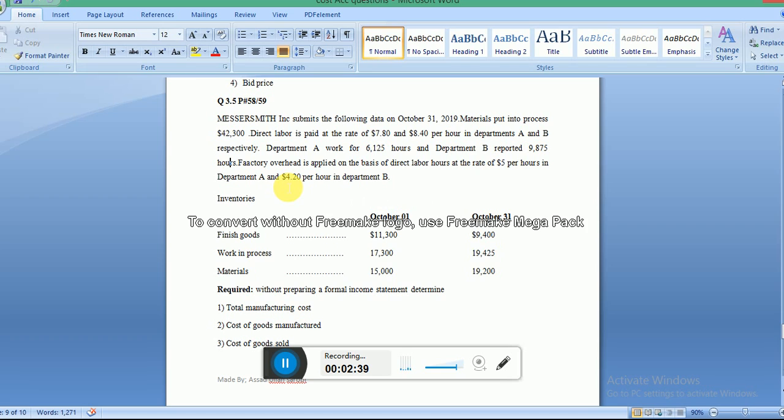Factory overhead is applied on the basis of direct labor hours.